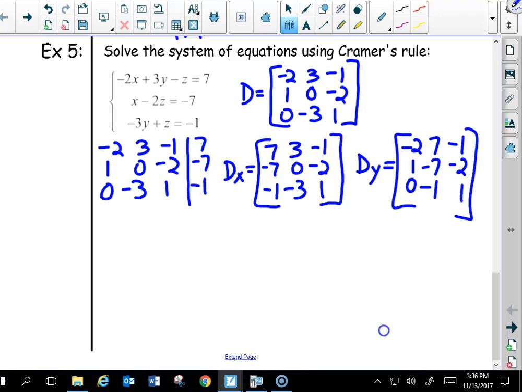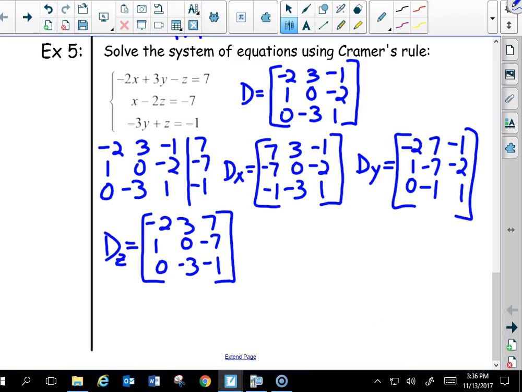And let's build the Z matrix. And where Z goes in the third column, the answer column.